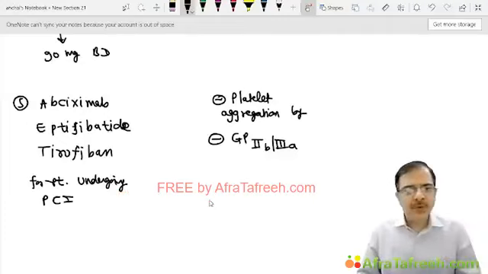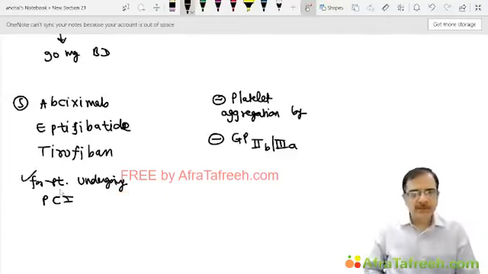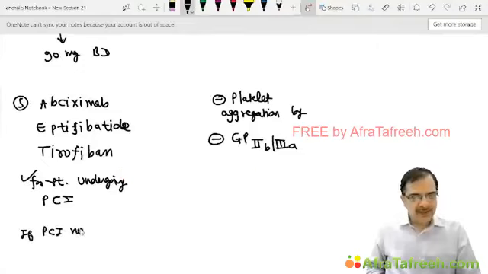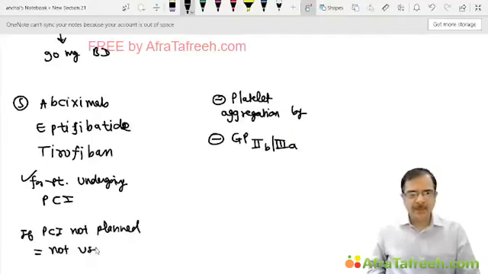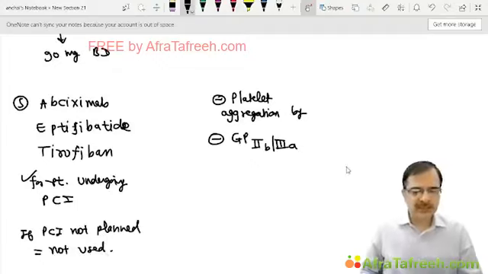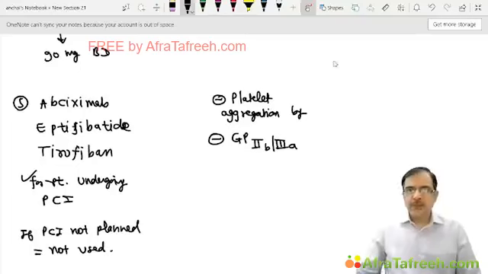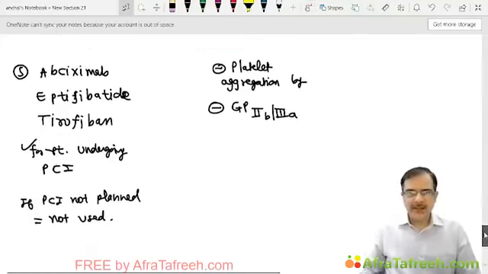If the patient is not going for PCI, these agents are not recommended and not used.